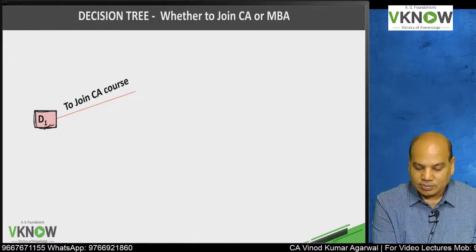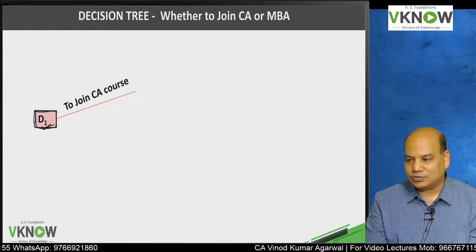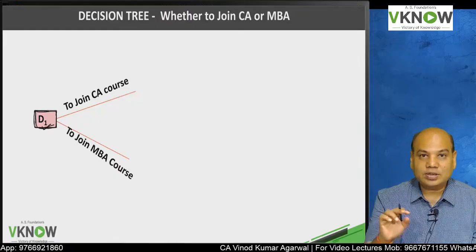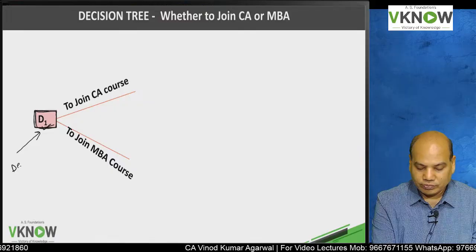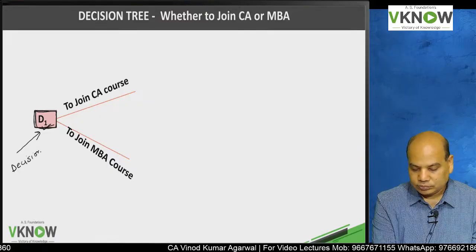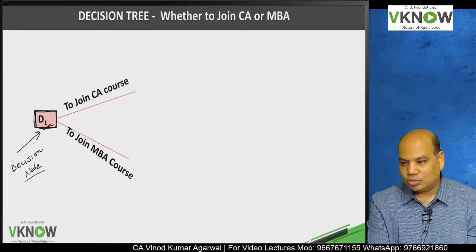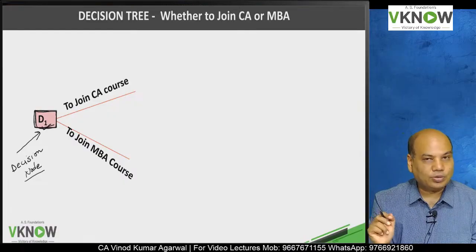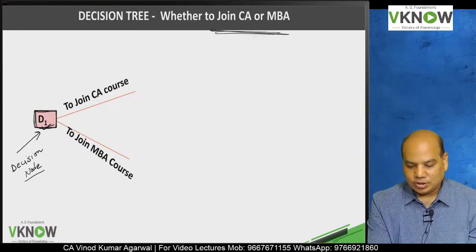And you will give them numbers also. This is my first decision that I have to take. So I have to draw branches emerging from that. It is called decision node, N-O-D-E, decision node. From the decision node you have to write all the alternatives that you have. In our example we have only two, CA or MBA.